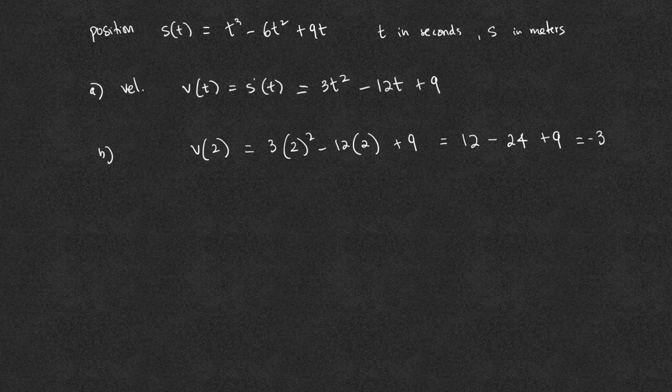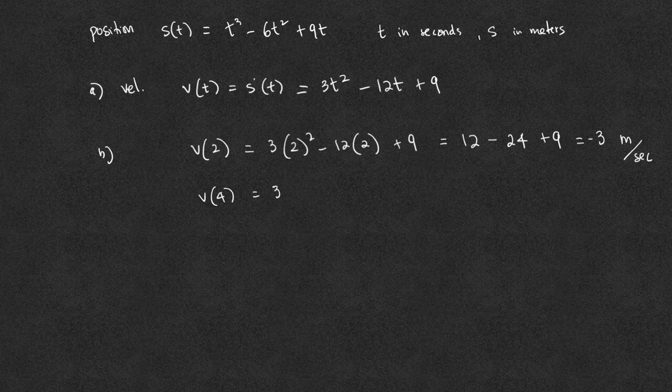The unit for the velocity is the unit of the position, which is meters, over the unit of time, which is second. And so v of 2 is negative 3, or after 2 seconds, the velocity is negative 3 meters per second. What is the velocity when t equals 4?